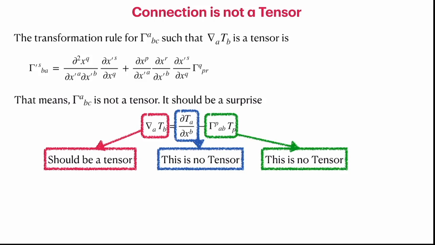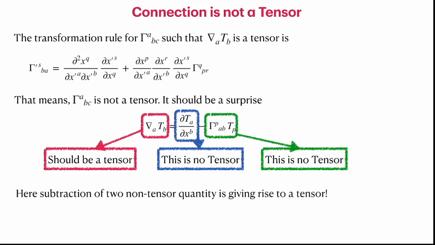So the difference between two non-tensors need not always be a tensor. However, in this specific case, we have defined non-tensor quantities such that their difference always forms a tensor, and that is what we exploit to define the covariant derivative using the non-tensor nature of a connection coefficient.